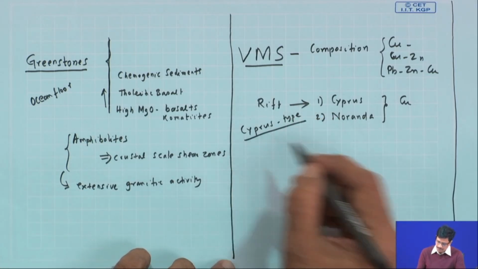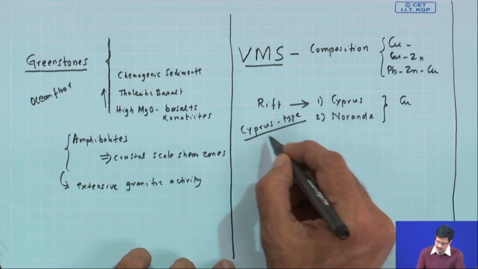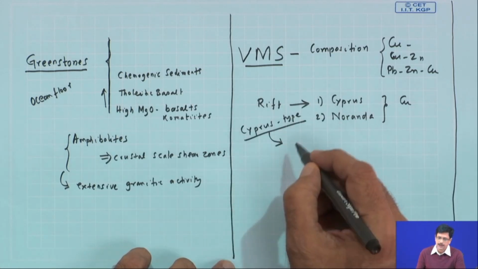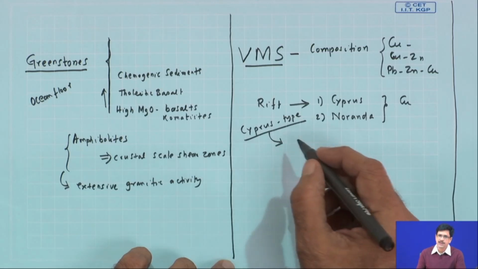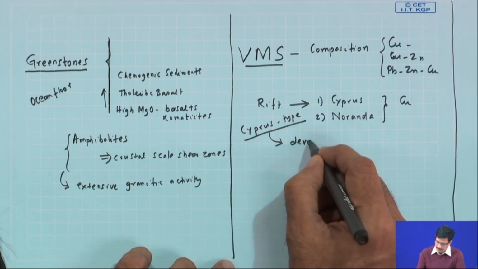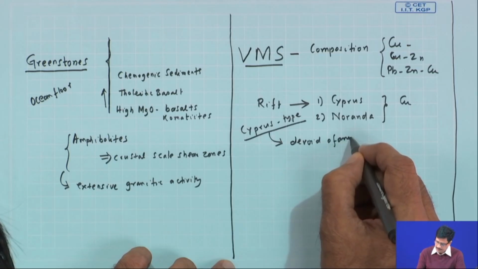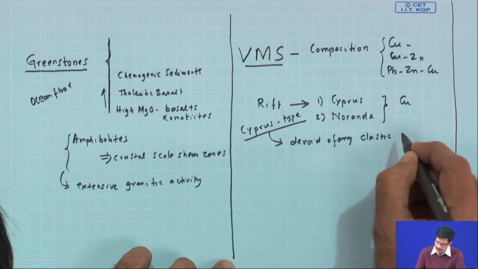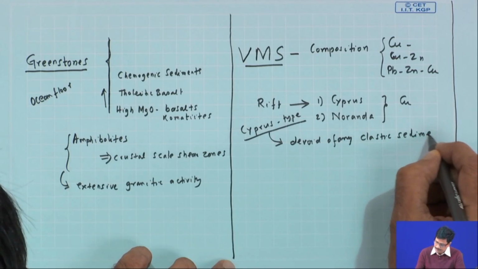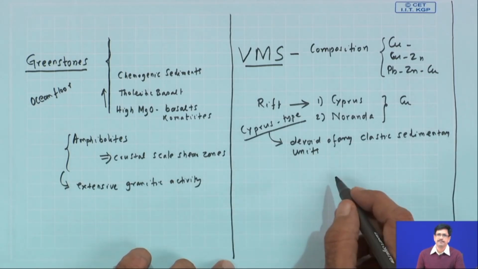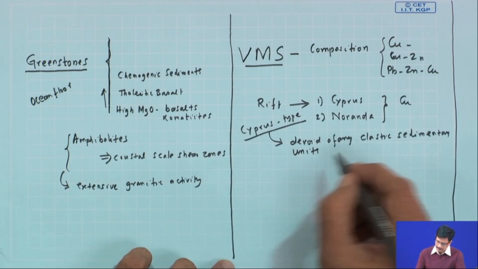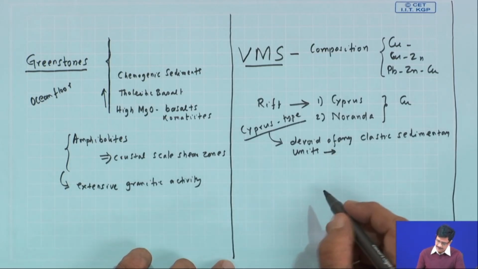Essentially these types of deposits are in the open ocean mid-oceanic ridges, where we could only expect the volcanic components. So, these deposits are essentially devoid of any clastic sedimentary units, because they do not get any sedimentation at the site where this rifting is taking place, but they can have chemogenic sediments.